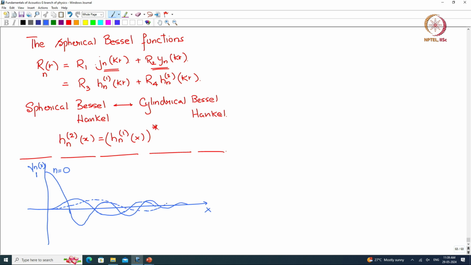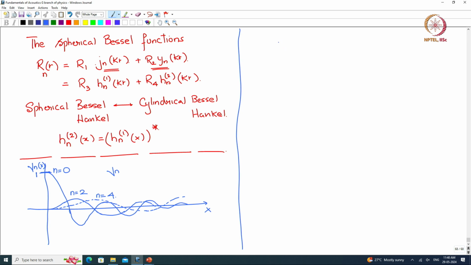I am just not being very accurate, but this is n equal to 2, this is n equal to 4, and so forth. These are Jn's, and they are pretty well behaved, all of them. The first one starts off at 1 with 0 slope, all others start off at 0.